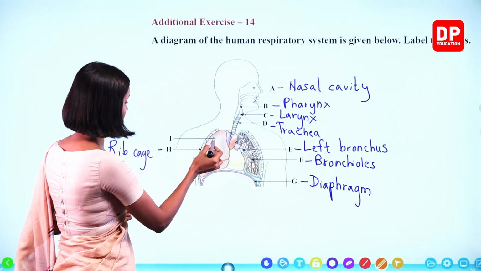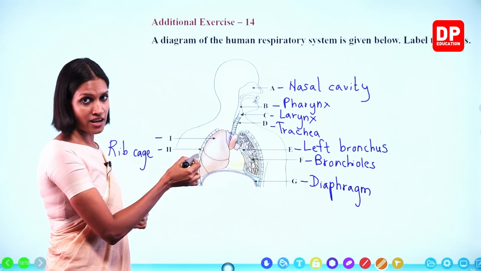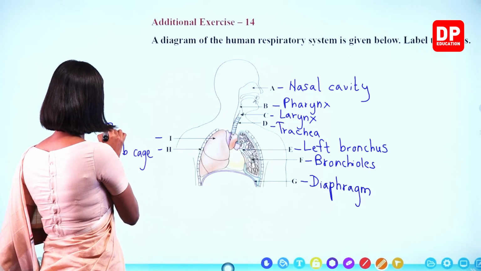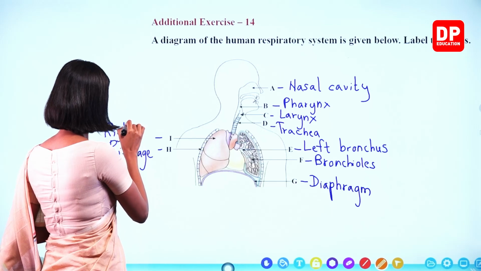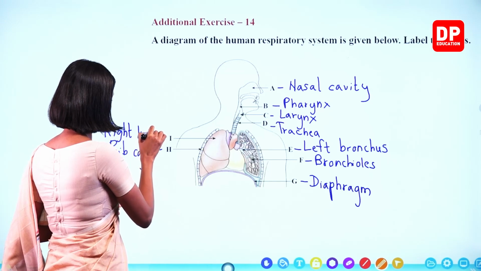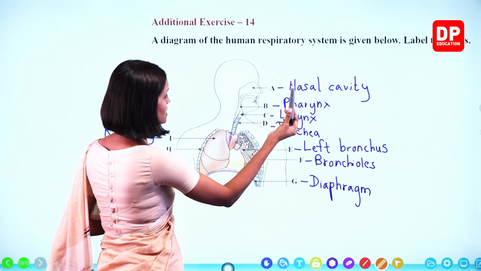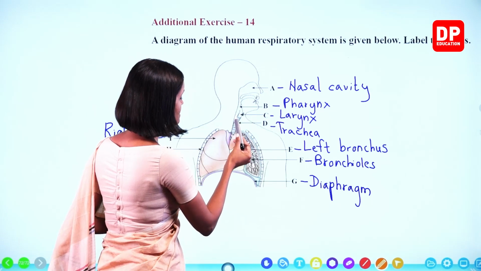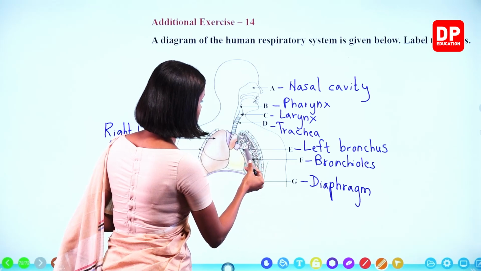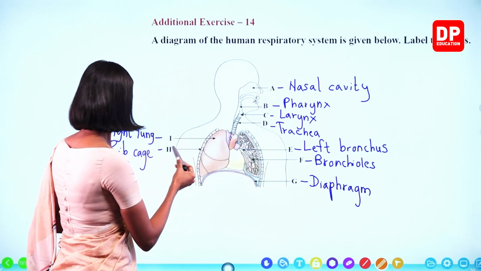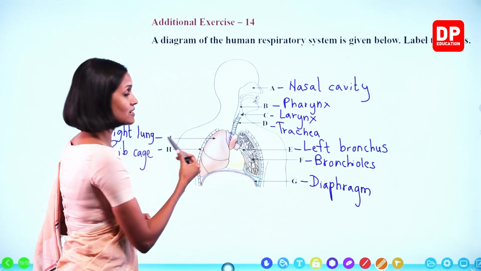And finally, I is the lung. Which lung is this? This is the right lung. Right. Nasal cavity, pharynx, larynx, trachea, left bronchus, bronchioles, diaphragm, rib cage and the right lung.